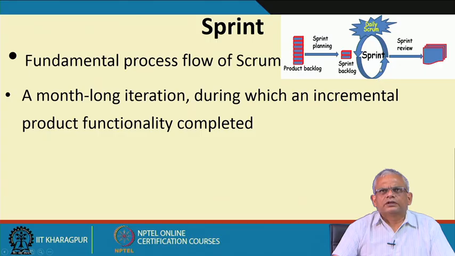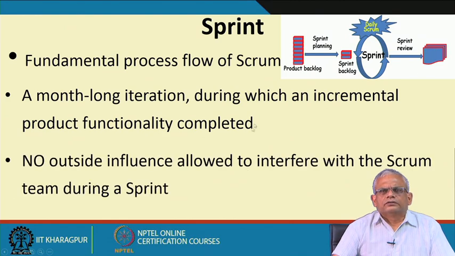After a month-long iteration, the sprint is completed, reviewed for what has been accomplished, and then delivered to the customer. The Scrum model requires that once the team members identify the subset of the product backlog to be developed during a sprint, which forms the sprint backlog, there is no outside interference with the team.